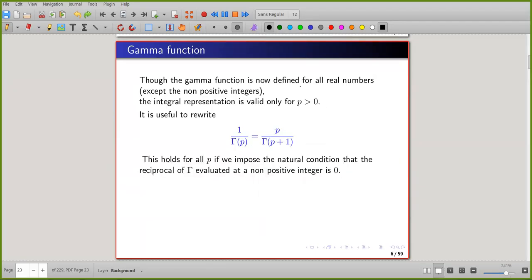So it is useful to rewrite. We had this equation, gamma of p is equal to gamma of p plus 1 divided by p. And we will rewrite this equation like this.